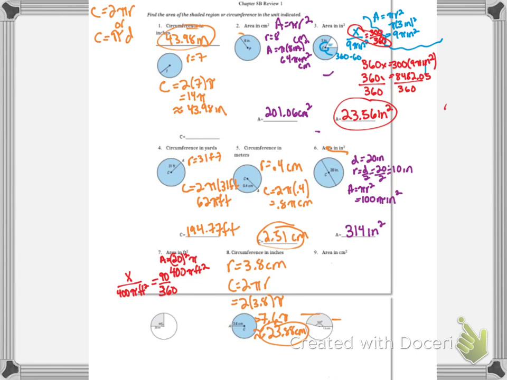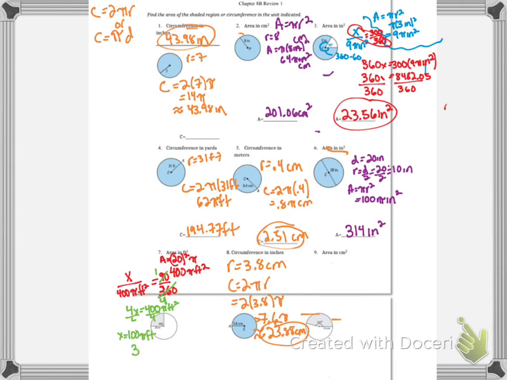You may have recognized this. If not, it's no big deal. You could just multiply it through, but 90 goes into 90 one time, but 90 goes into 360 4 times. So you end up with 4x equals 400 times pi feet squared. We're going to divide both sides by 4. X equals 100 pi feet.